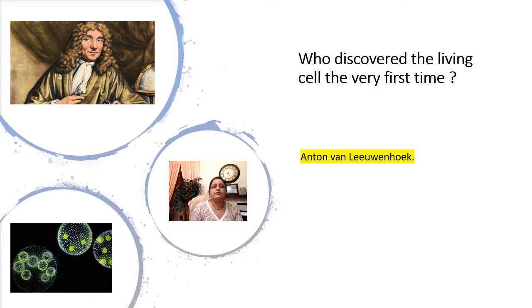Finally, Virchow concluded that new cells could be produced only from pre-existing cells, that means by division of the existing cells. These three discoveries are summarized as cell theory, the most fundamental concept of biology.